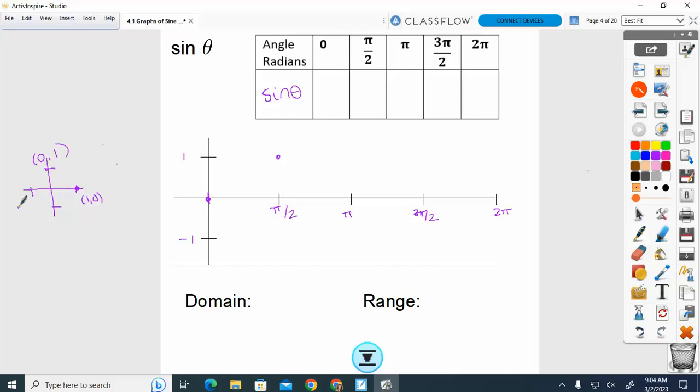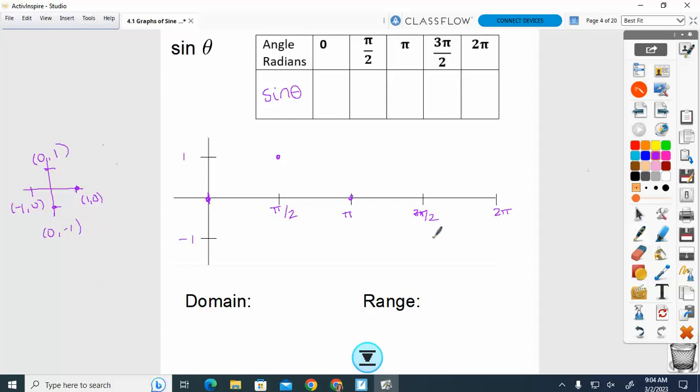This is the point 1, 0. What's the value of sine then at pi? All right, this is 0, -1.